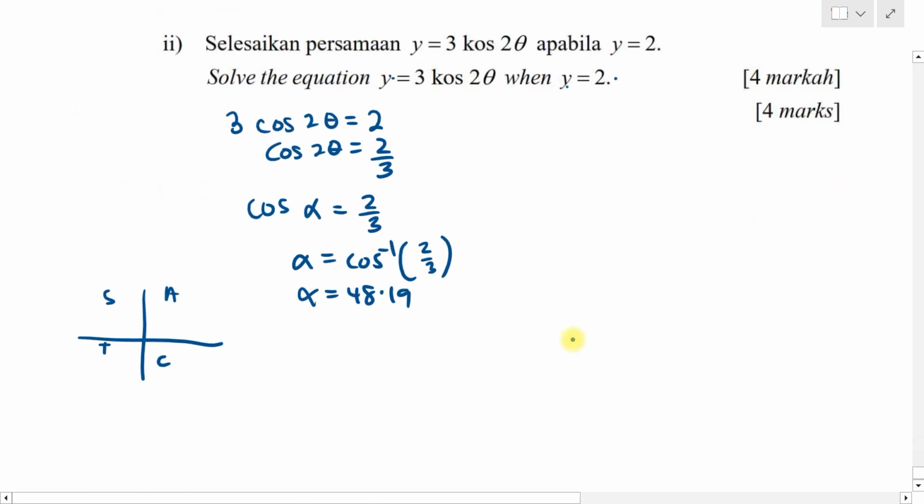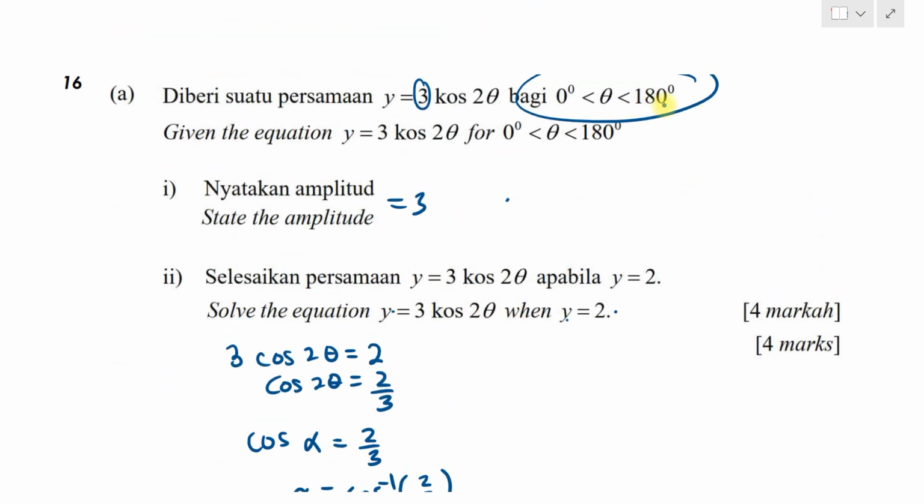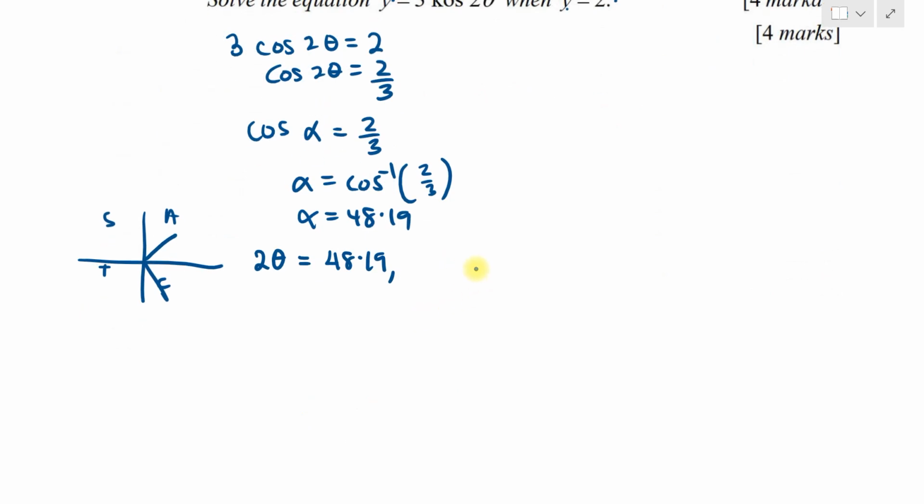Cos must be positive, so first and fourth quadrants. The original equation is 2 theta, so the range for 2 theta can go up to 360 degrees.